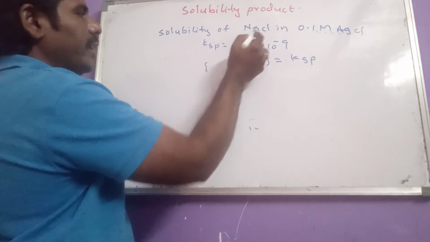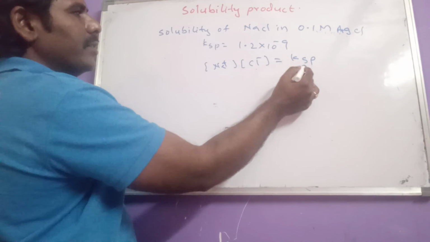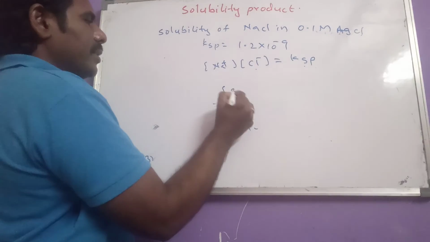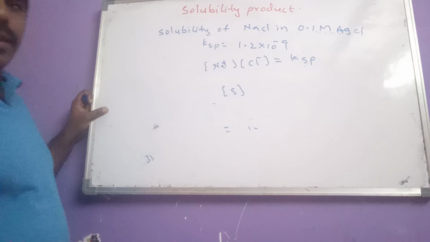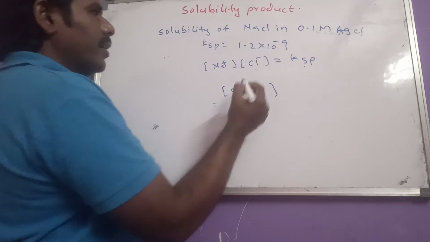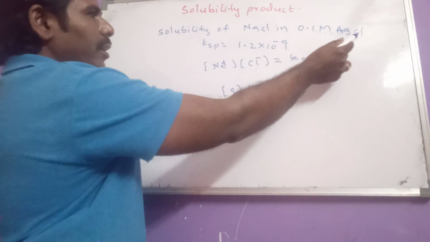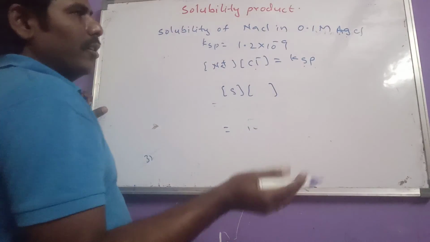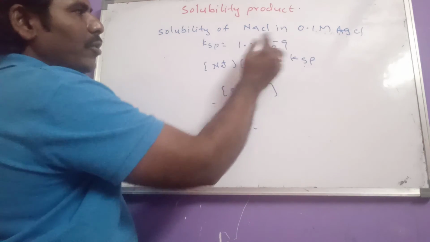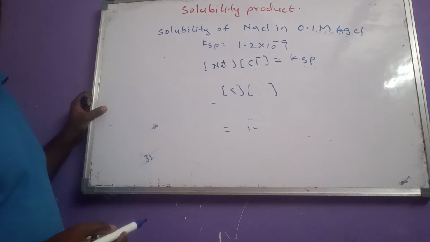But Ksp of NaCl is given, meaning [Na+][Cl-] equals Ksp. Now here, Na+ concentration take it as S, and Cl- concentration... When NaCl is dissolved in 0.1 M AgCl, the total concentration of Cl- we have to consider from AgCl and also from NaCl.